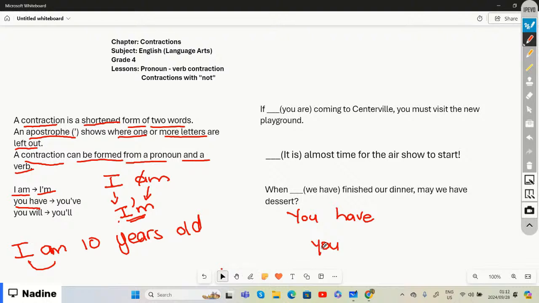Now if we want to form our contraction, we say you, which is the pronoun, and we leave it as is. We're going to leave out the H, we're going to leave out the A. Only one apostrophe, even though two letters are being left out, and we bring down the V and the E. You have, or we can say you've.